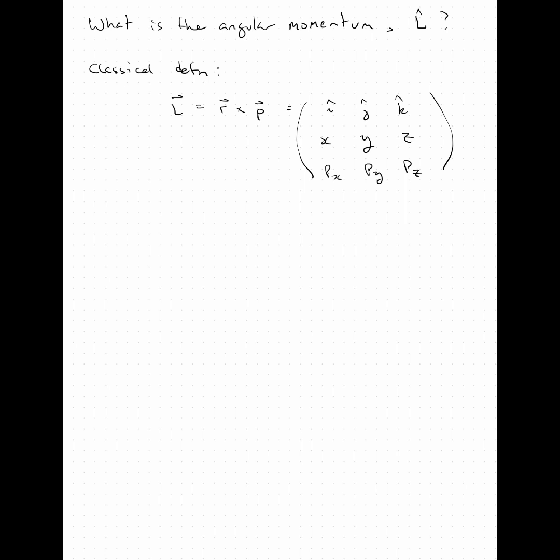This is equal to the following: i hat times (y pz minus z py), plus j hat times (z px minus x pz), plus k hat times (x py minus y px).